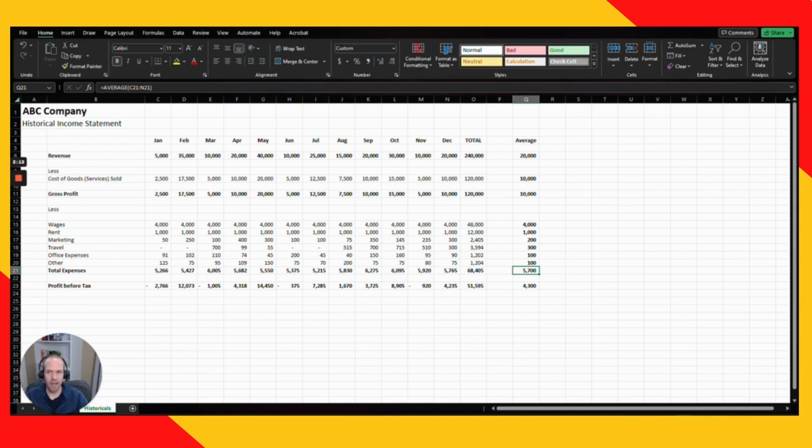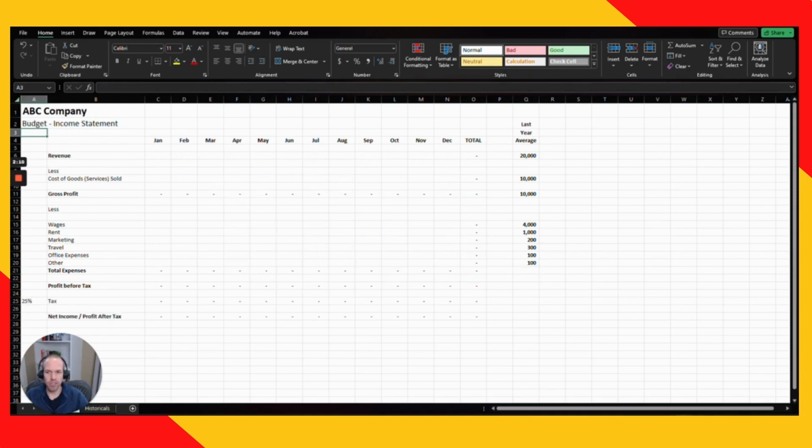So we go to a budget template here. And in this column, I've imported those averages from last year. So last year on average, I made $20,000 a month in revenue. My cost of goods sold on average was $10,000 a month, or 50%. If we divide the cost of goods sold over the revenue, my cost of goods sold is typically 50% of my revenue.